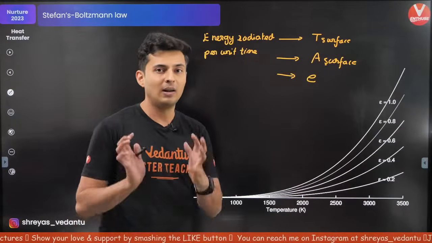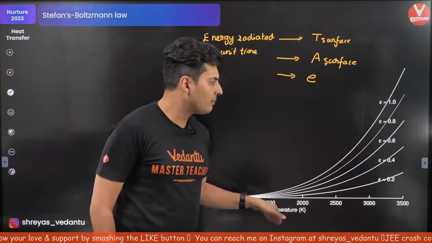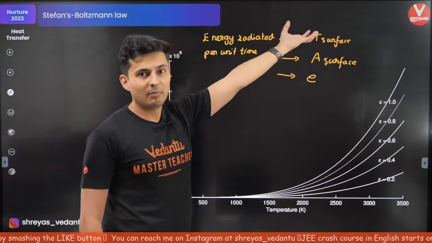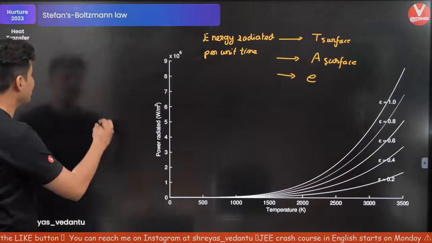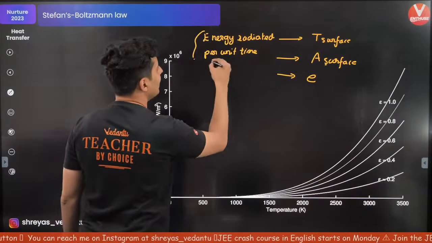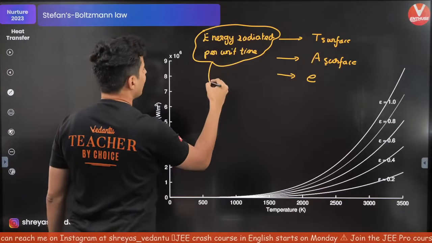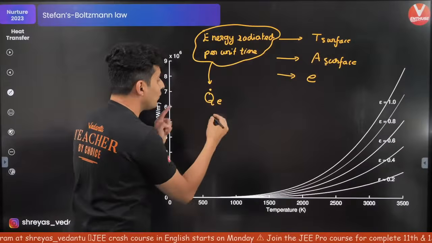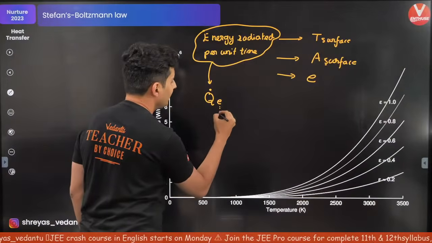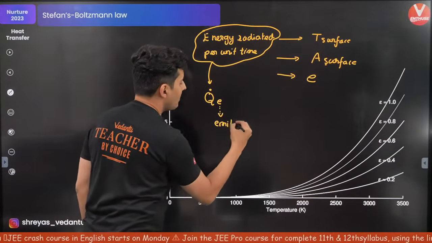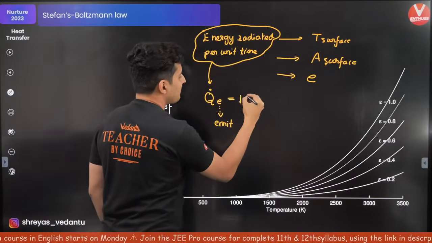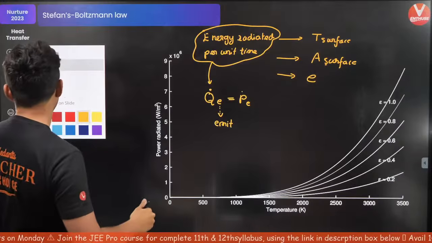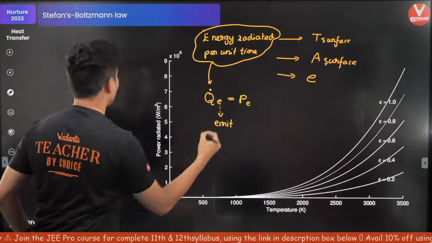They formulated a law based on experiments, based on this graphical analysis, based on what power it is proportional to. So this energy which is radiated per unit time, I can call this Q dot E. E stands for emission. This is how much it is emitting. You can also call it PE. I don't need that dot then if it's power.